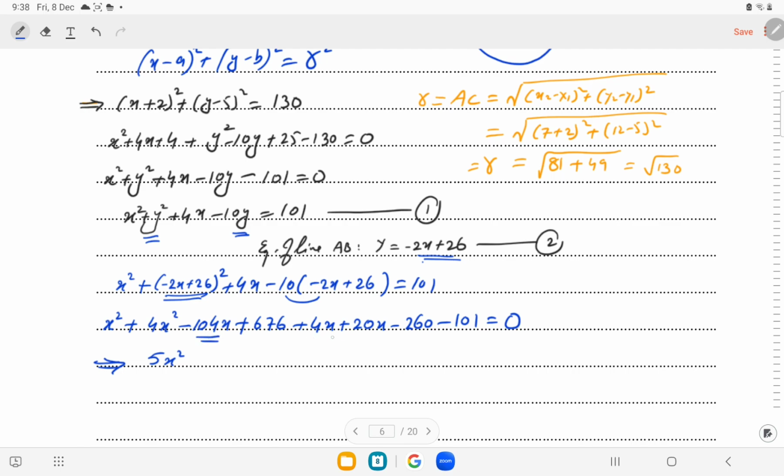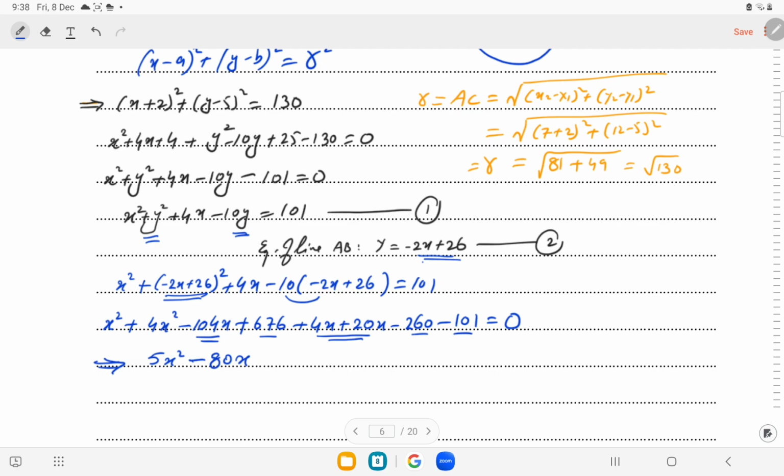Minus 104 and plus 24. Minus 104 and plus 24 will get minus 80. So it becomes minus 80x.